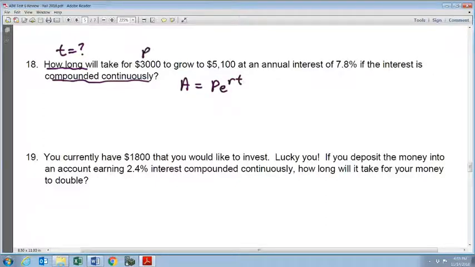Notice the 3,000 is what we're starting with, and A would be 5,100. That's the amount that this is going to grow to after T years. And our interest is going to be 0.078 written as a decimal. Let's go ahead and plug our numbers in.